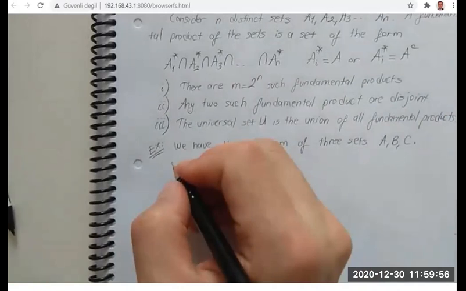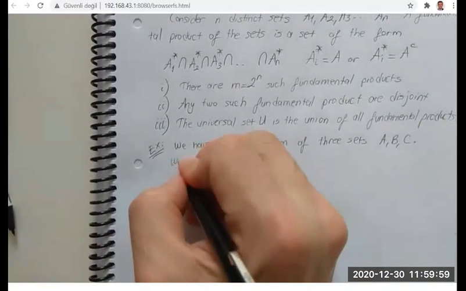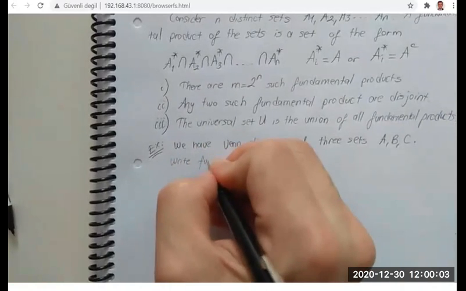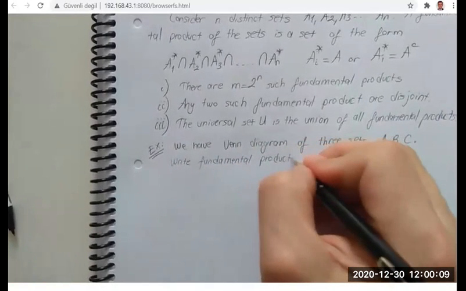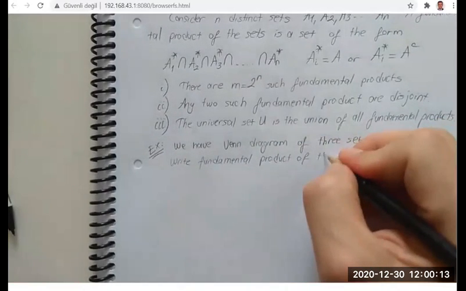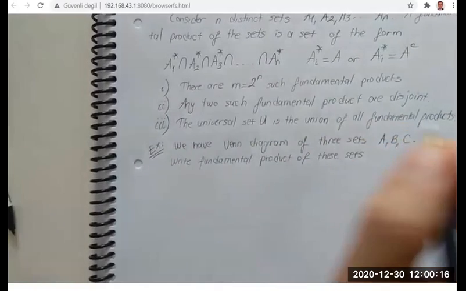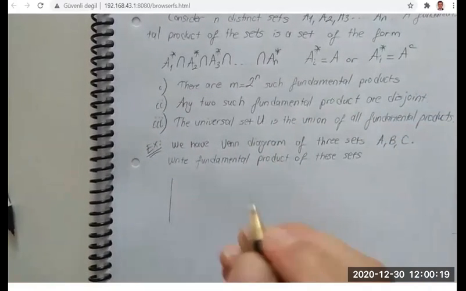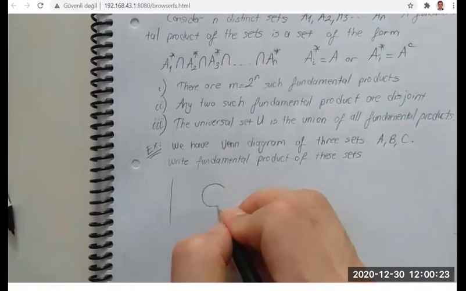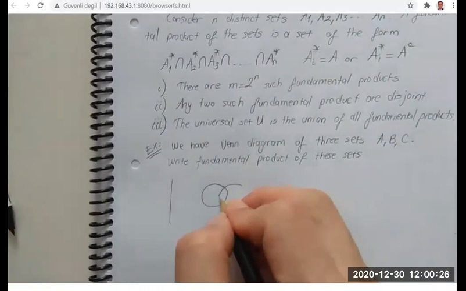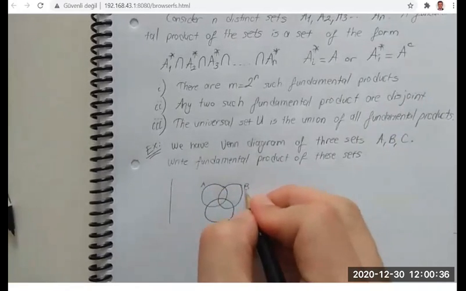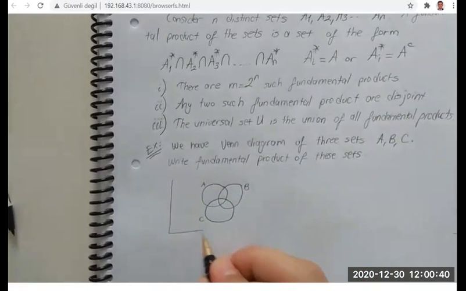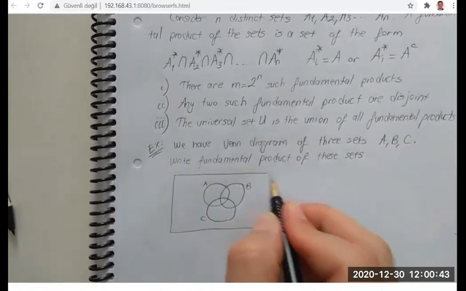Define or write the fundamental products of these sets, either the set A and B and C. This is the set A, B, and C. This is the universal set.